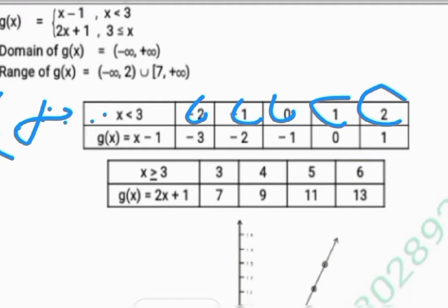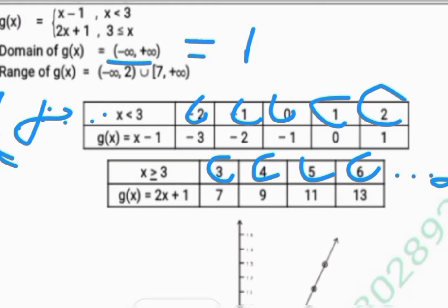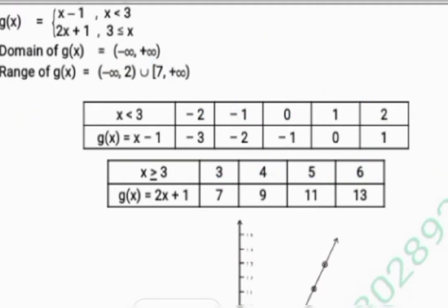And greater than 3: 4, 5, 6, this process will continue till infinity. So its domain is from minus infinity to infinity. We have written it here, and we can write it as set of real numbers in descriptive language, in mathematical language, or with a line. Now I will tell you about the range.